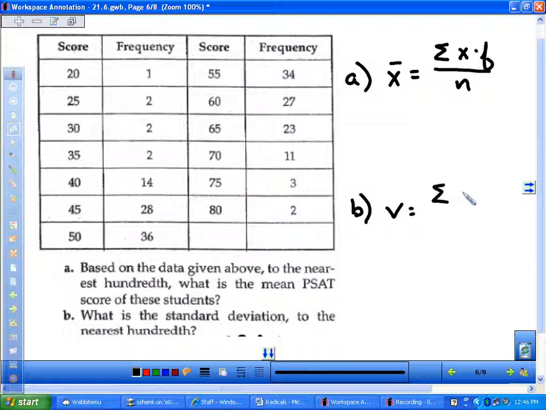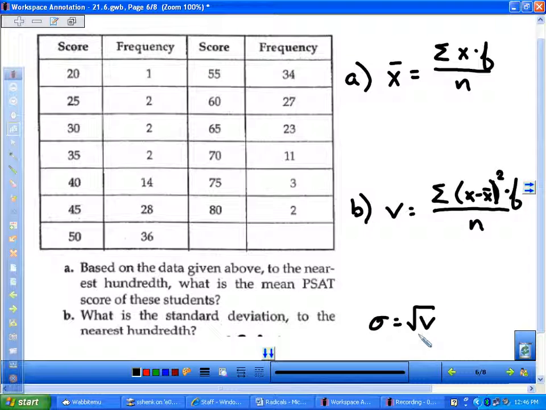Sum of what? Nope, no. That's what we do in the calculator. Parentheses, x minus x bar, close, squared, times our frequencies, divided by n, and then the standard deviation is simply the square root of v.